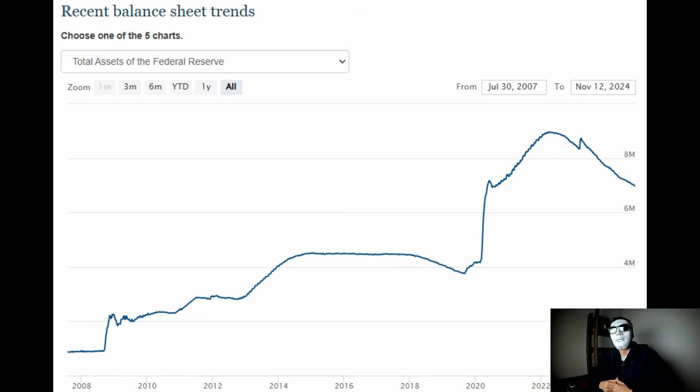Some examples are in 2008 when the Lehman crash happened, and in 2020 when COVID-19 happened. It can also decrease its balance sheet to cool down the economy. Some examples are in 2018 and 2019 when the Fed felt there was too much money in the market from the quantitative easing from the Lehman crash, and 2022 to today, given the Fed wanted to remove some liquidity in the market post multiple quantitative easing during the COVID-19 period.